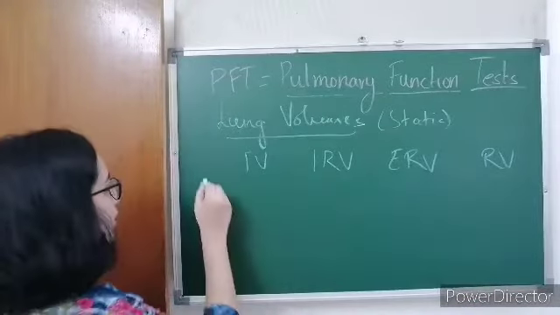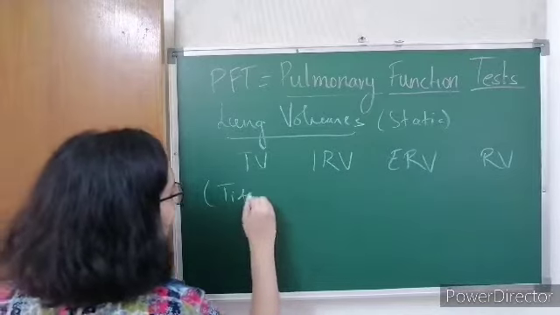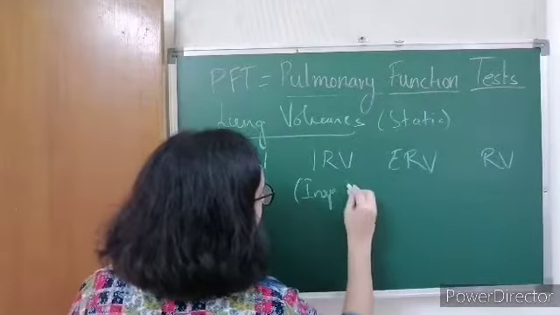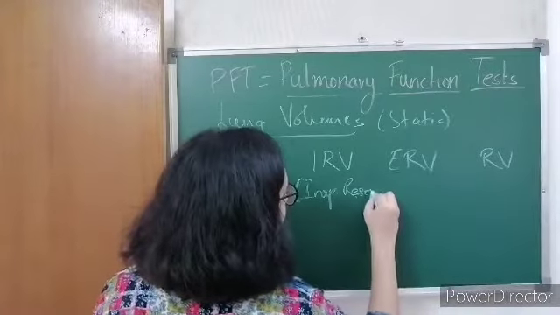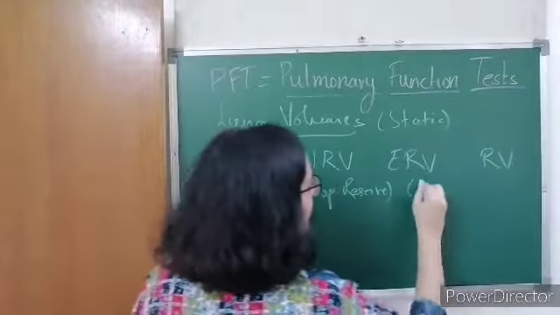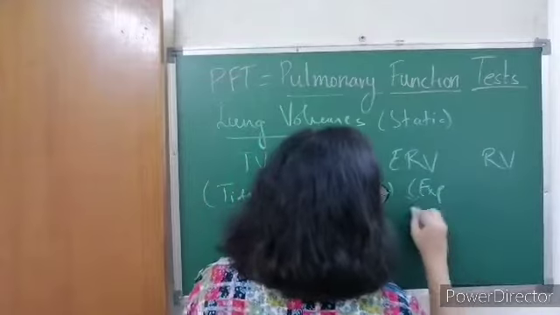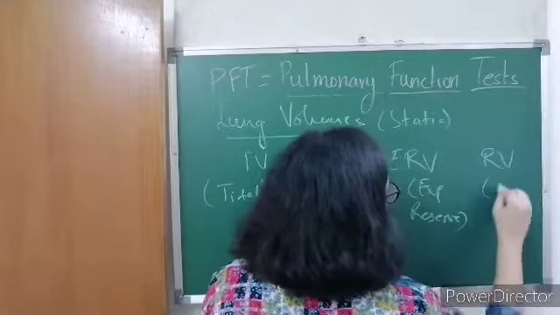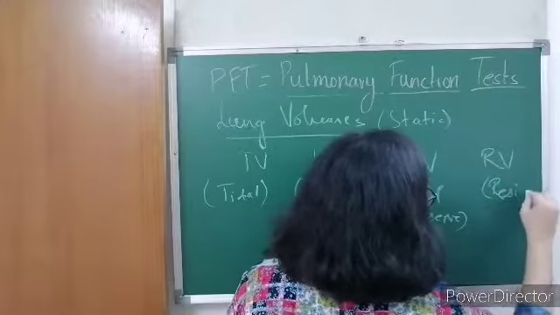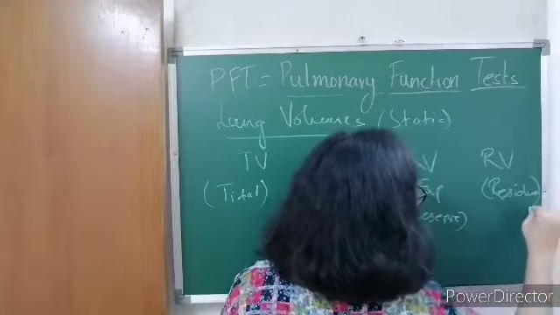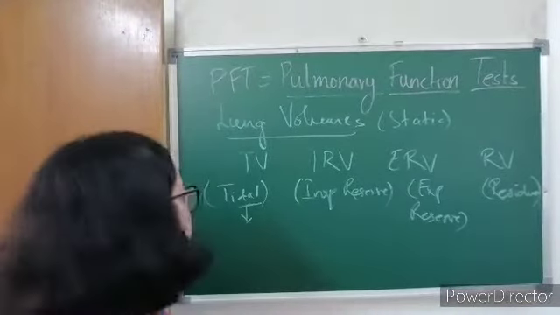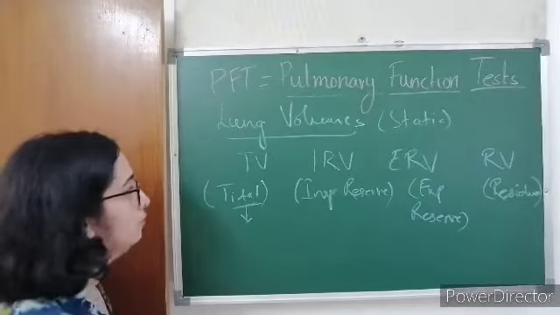Okay, what are they? Tidal volume, inspiratory reserve volume, and expiratory reserve volume, and residual volume. Okay. So in lung volume, we will see what is the tidal volume.